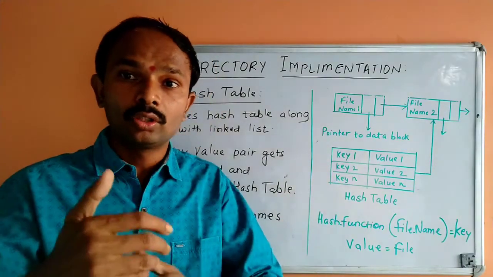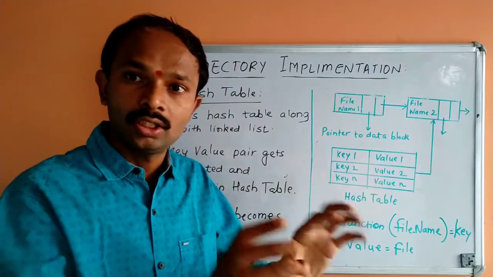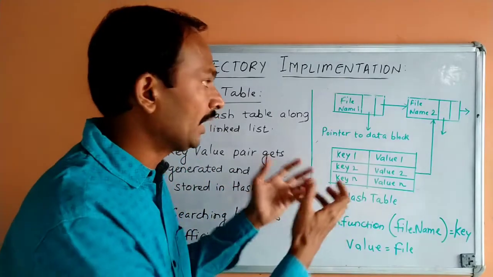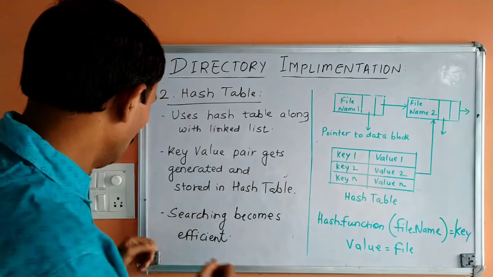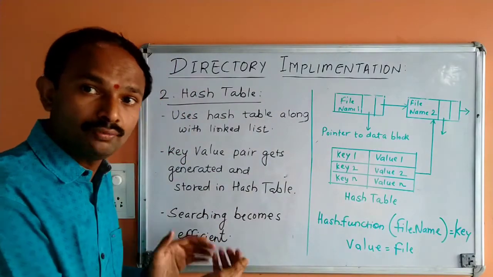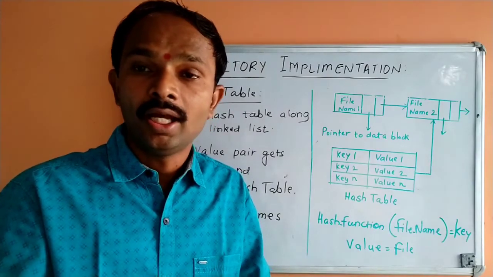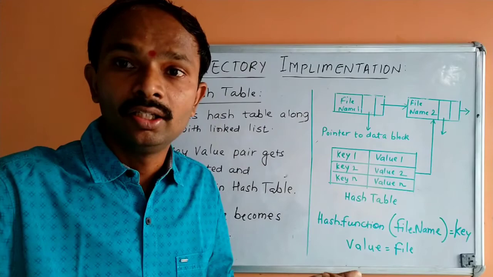We need not traverse all the files inside that directory. We can directly find the file which is required, and because of that the searching becomes efficient, and so the system also becomes efficient as compared to the previous method, the linear list.